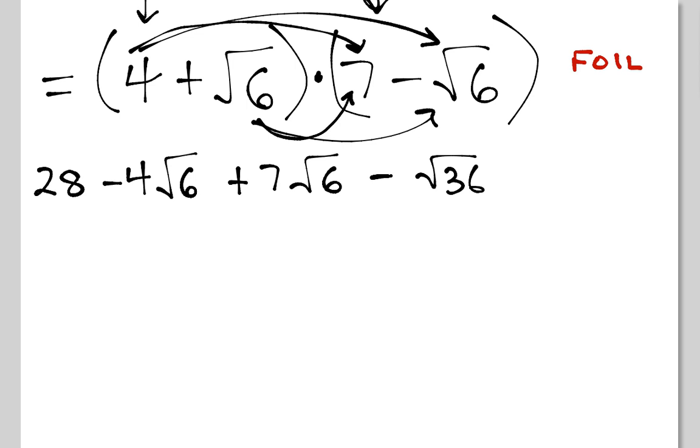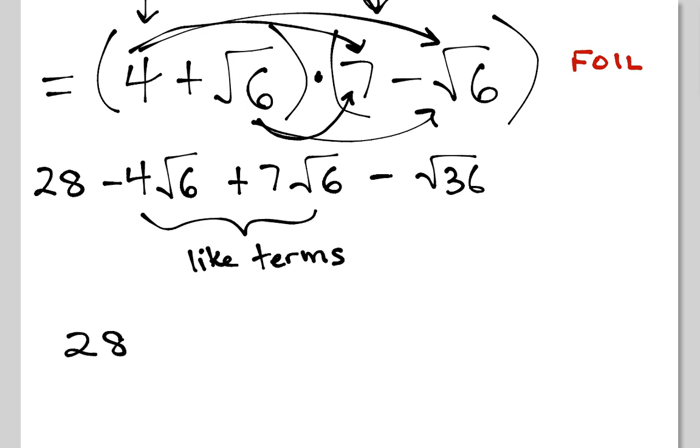Now, what's the only thing that might mess you up in the middle here? So 28. What's negative 4 plus a 7? You have negative 4 root 6's plus 7 root 6's. How many root 6's you got altogether? 3 root 6's. That's the stuff from yesterday.